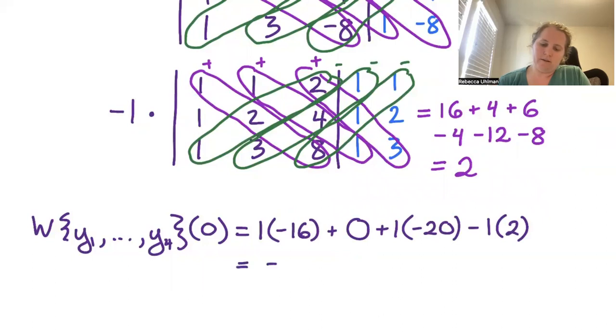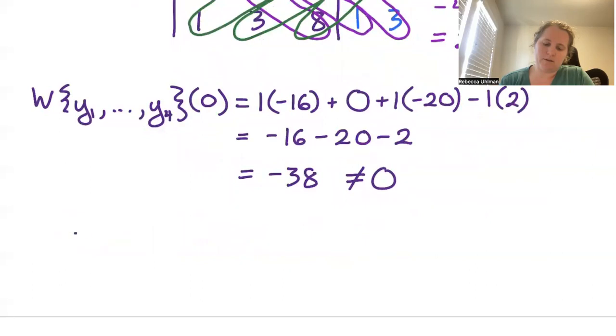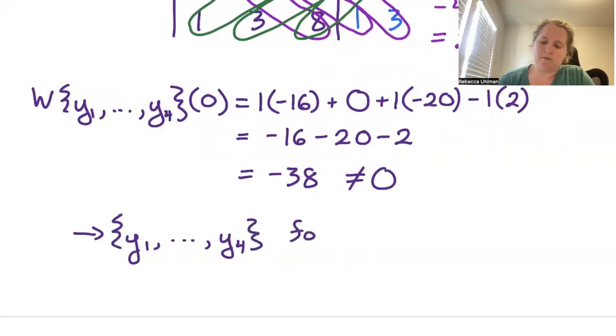So we are looking at negative 16 minus 20 minus 2 becomes negative 38, which is definitely not equal to 0. And so we have a fundamental set of solutions. So y1 through y4 form a fundamental set of solutions.